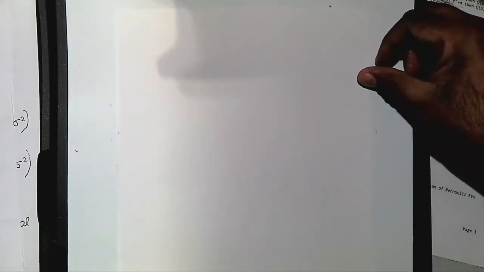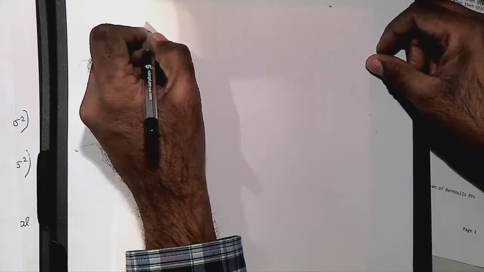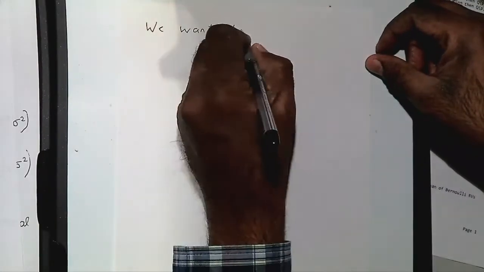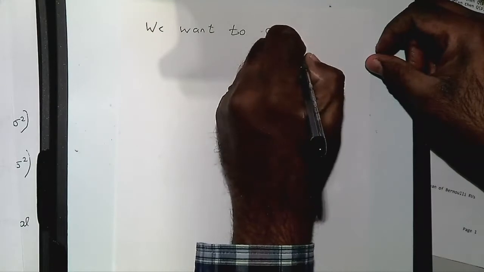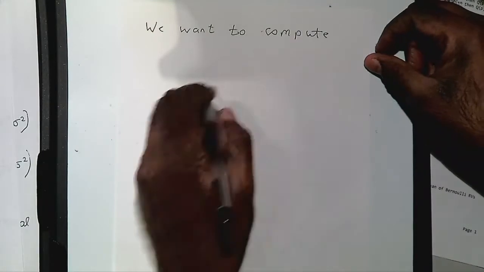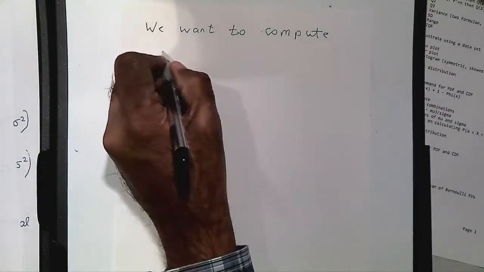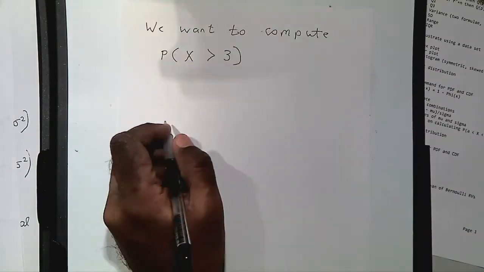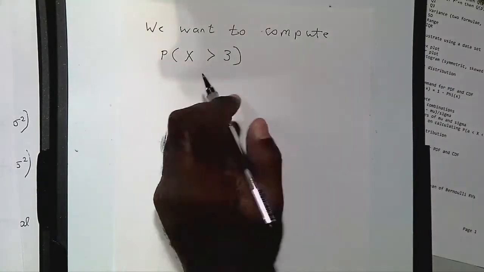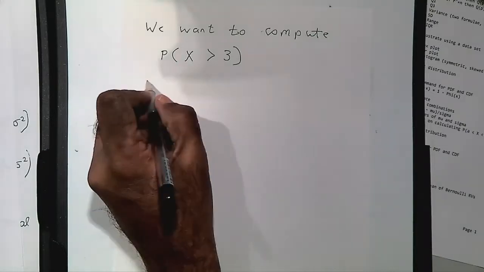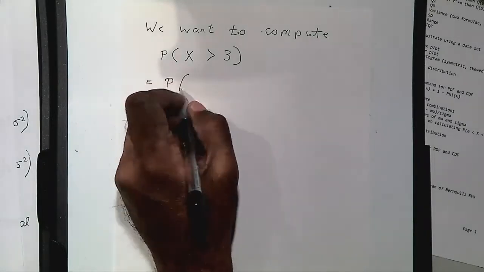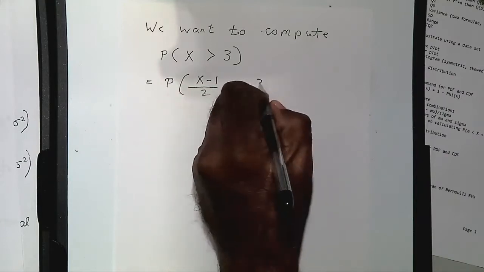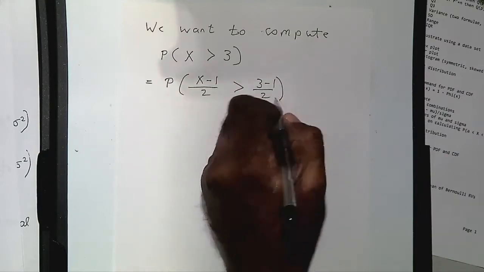Right. Now, suppose we want to compute, say, the probability that X is greater than 3. Now, the first thing you should do is convert this to standard normal, right? So you subtract 1, divide by 2, right?